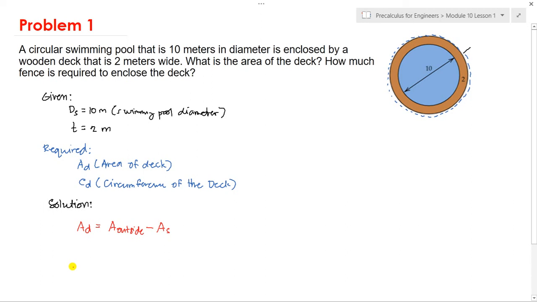And then, what is the formula for the area of the outside circle? That is just equal to pi. Okay? Since given man ang diameter, so we're going to use pi over 4. Then the outside here, unsa may diameter sa outside? That is just equal to the diameter of the swimming pool plus twice the thickness sa deck, that is ds plus 2t, squared.